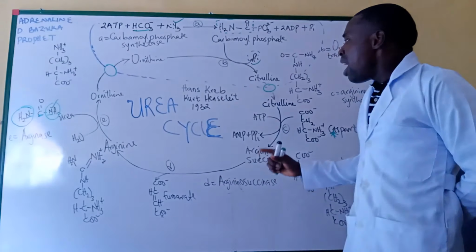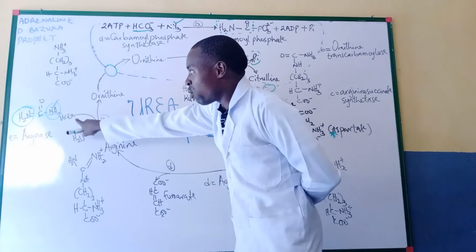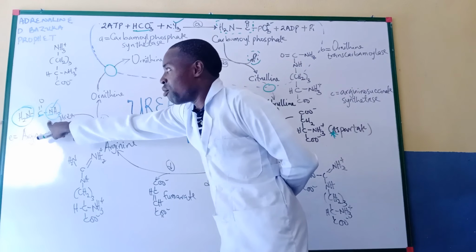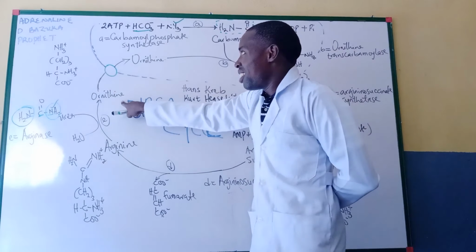So we continue. Now, when arginine is formed, take note, in the presence of water, arginine will give us what we call urea, which is being produced, and ornithine.